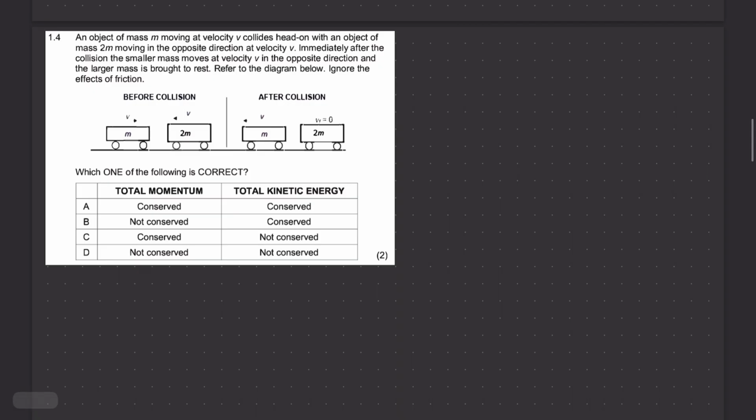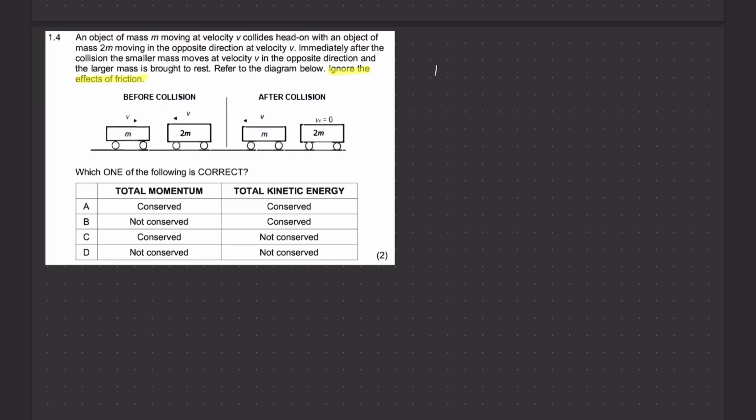Question 1.4. An object of mass m moving at velocity v collides head-on with an object of mass 2m moving in the opposite direction at velocity v. Immediately after the collision, the smaller mass moves at velocity v in the opposite direction and the larger mass is brought to rest. Refer to a diagram below and importantly, ignore the effects of friction.